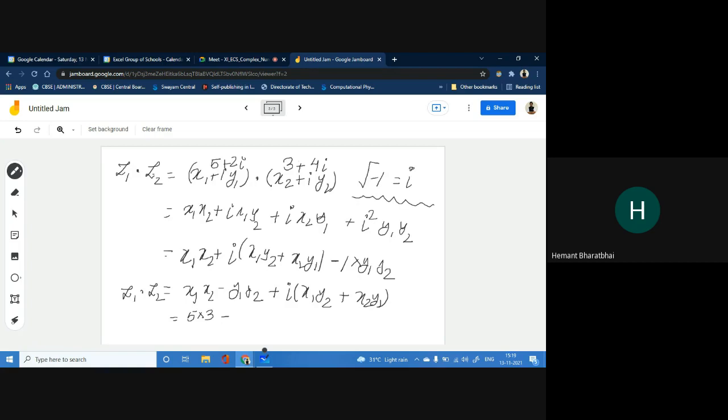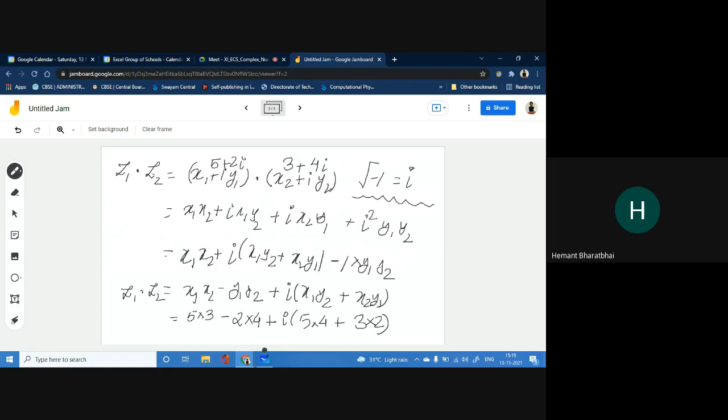Okay, so let us take an example. Instead of this, if I put some numbers, suppose here I write 5 plus 2i and here suppose I write 3 plus say 4i. So now you have the values of x1, x2 and y1, y2.